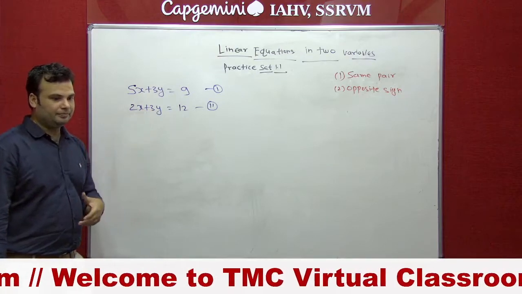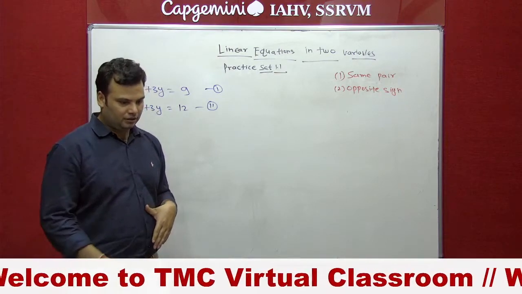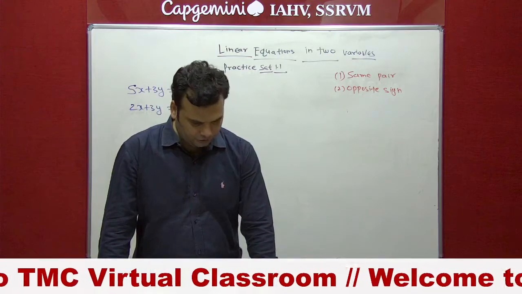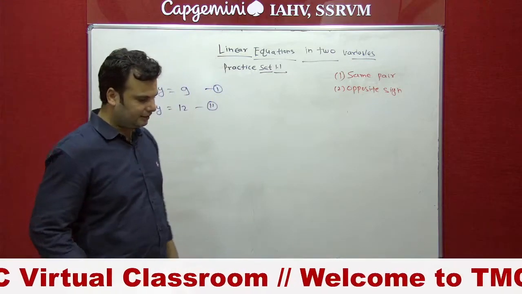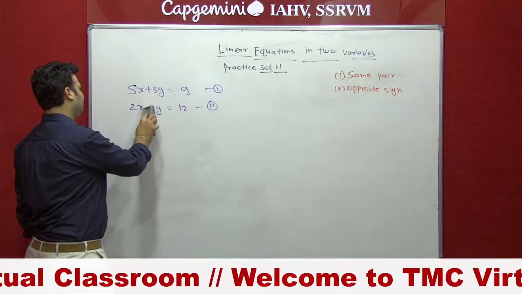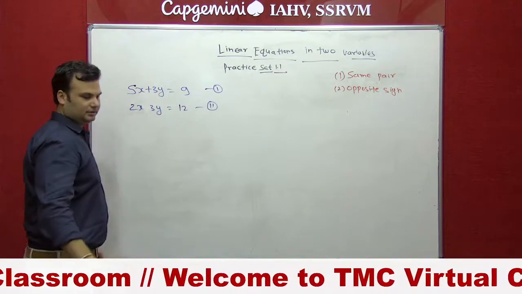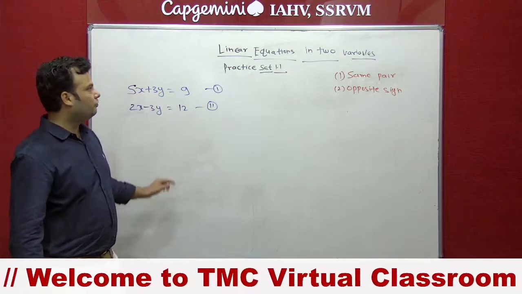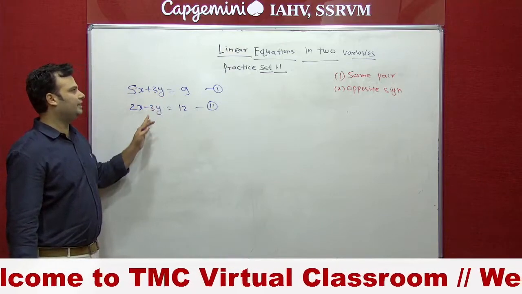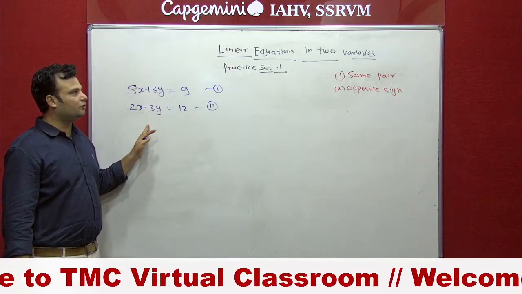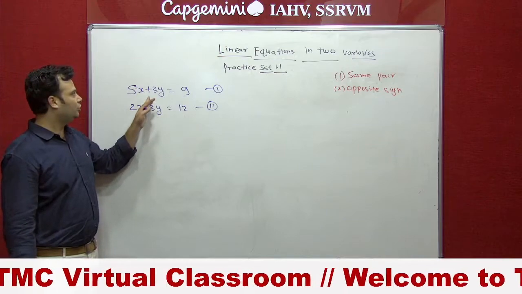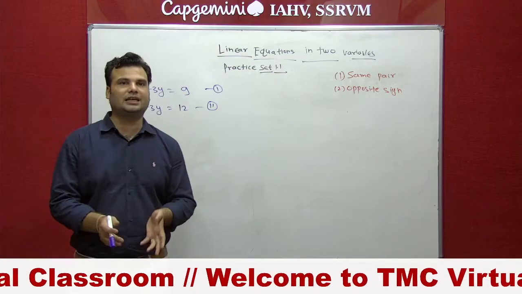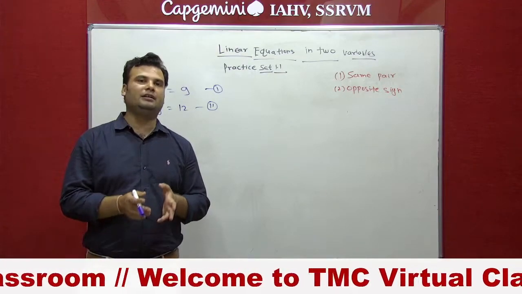So it is not possible; I think there is some mistake in your textbook. In place of plus there should be a minus, so it becomes very simple: 2x minus 3y. So the first thing, same pair 3y, and the second condition is also fulfilled. You can see opposite signs, plus 3y and minus 3y. Whenever you see opposite signs, you have to add these two equations.